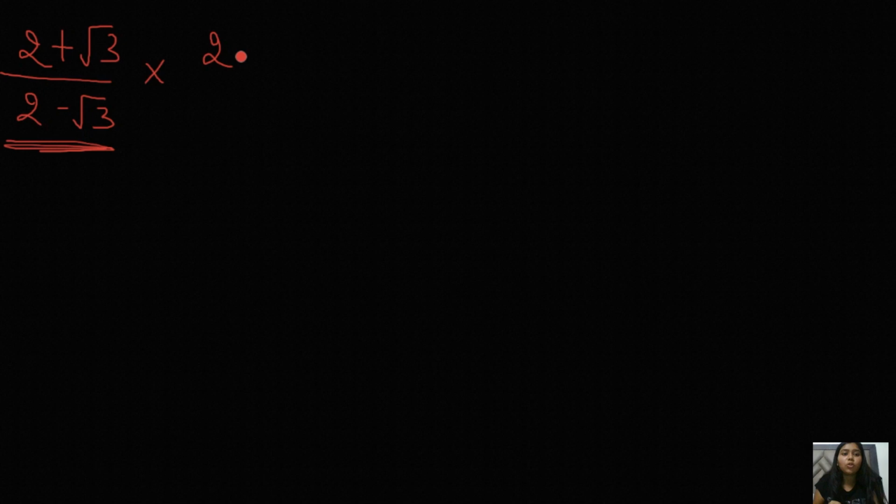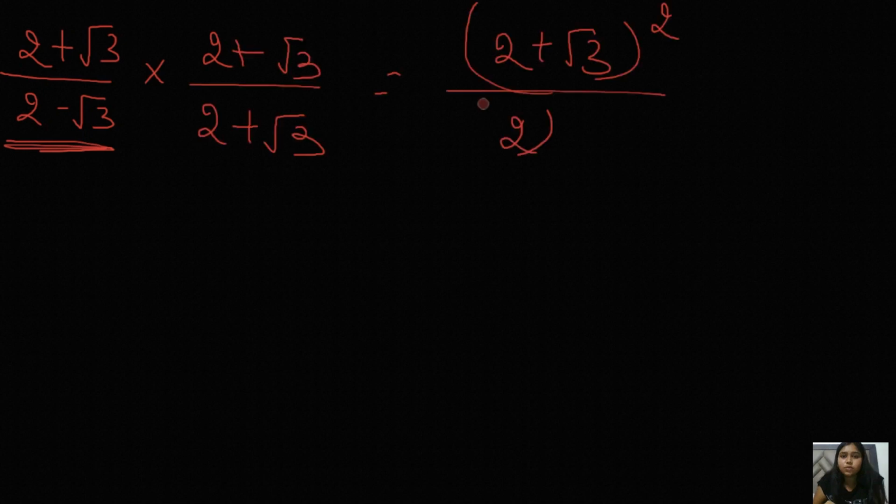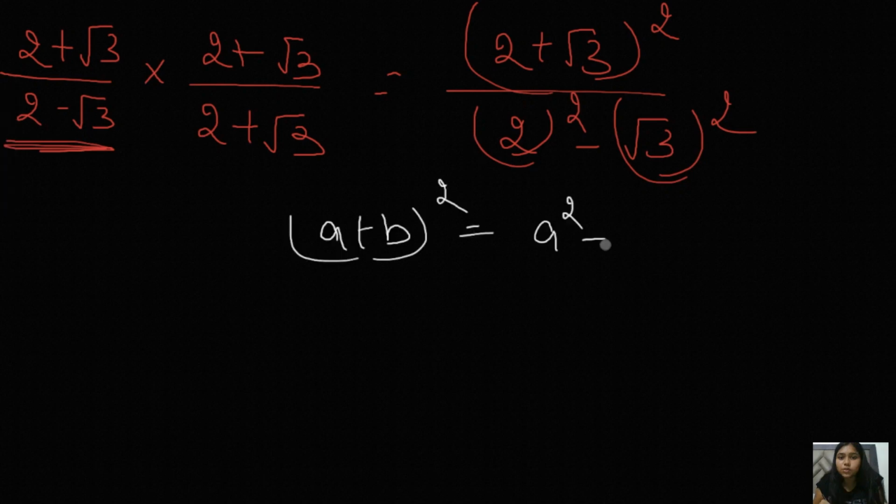So we can write it as 2 plus root 3 whole square over 2 square minus root 3 square. I am writing the formula again so you could easily remember it. a plus b whole square is equal to a square plus b square plus 2ab, and a plus b multiplied by a minus b is equal to a square minus b square. So we'll continue with our question.